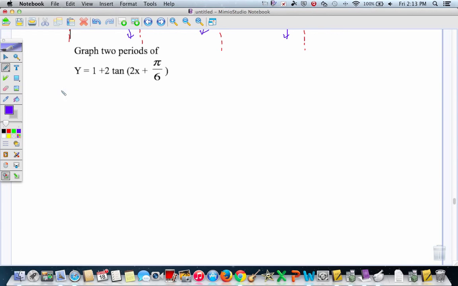We'll go with the tangent curve, or we'll graph 2 periods of 1 plus 2 tangent of 2x plus pi over 6. And let's start out by finding our critical points. 2x plus pi over 6, we're finding a left asymptote line which occurs at negative pi over 2 for tangent. I'll subtract pi over 6 from both sides.